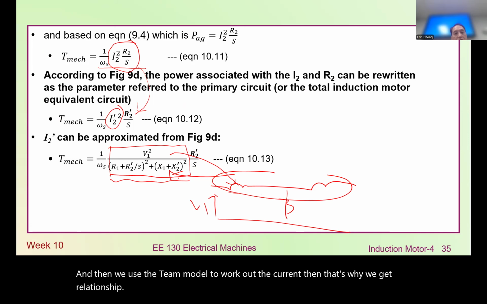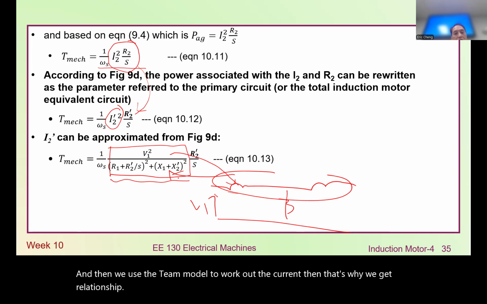The thing is, the I2 current we need to measure, but voltage we can measure easily by using an oscilloscope or multimeter. We can therefore measure the input voltage. So that's why we like to represent the torque using the input voltage, and all these are circuit parameters. That means using circuit parameters and the input voltage, we can also know the slip.